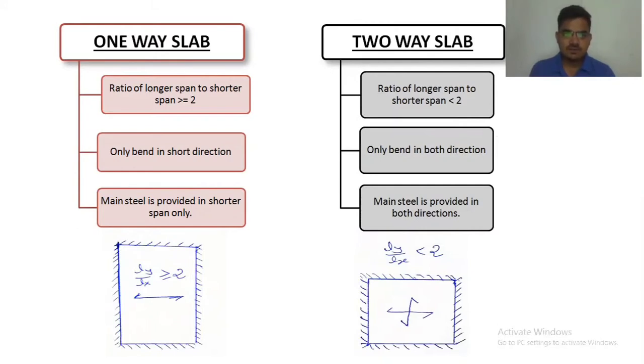And if the ratio is less than 2, then it is classified as a one-way slab. A one-way slab is bent in only the short direction, while a two-way slab is bent in the short direction as well as the long direction. In a one-way slab, main steel is provided only in the shorter direction, while in a two-way slab, the main steel is provided in both directions.